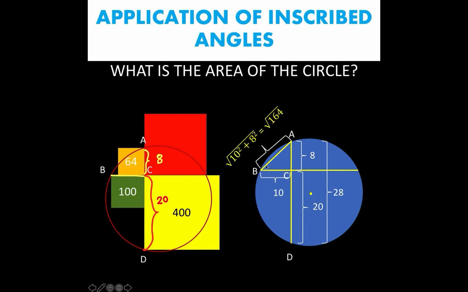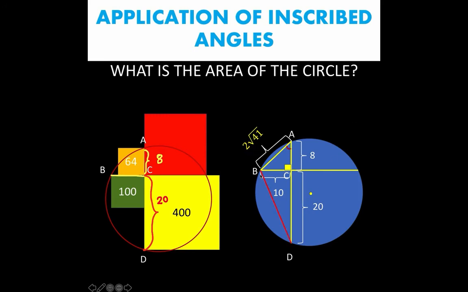So the length of side BA now is equal to the square root of 10 squared, which is the length of side BC squared, and 8 squared, which is also the length of side AC squared, which can be simplified as the square root of 164 and further simplified as 2 square root of 41. So the length of side BA therefore is 2 square root of 41.